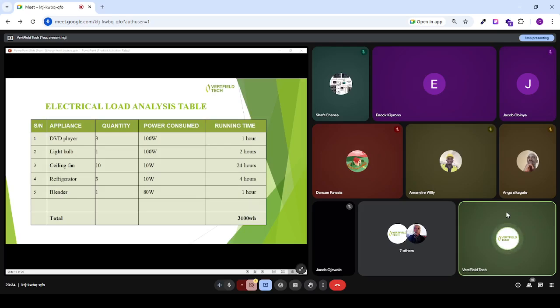If you connect the global view function to your mobile phone or to your computer, even before you get to the site, you must have found out what happened to that system, because the system will give you the total analysis: energy generated, energy transmitted, energy consumed, and the energy left in your battery bank. You will be seeing them live, so you might not have any issues.